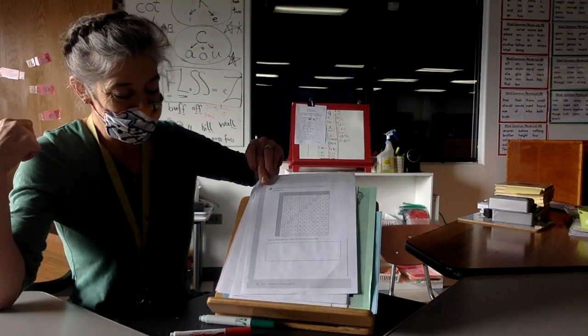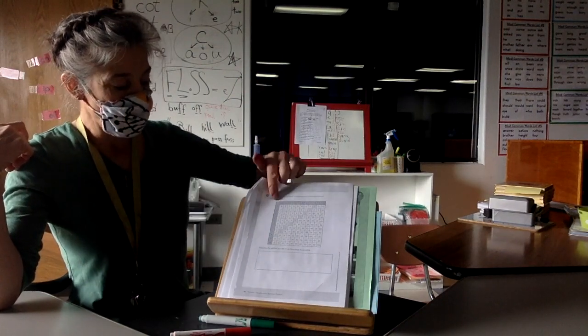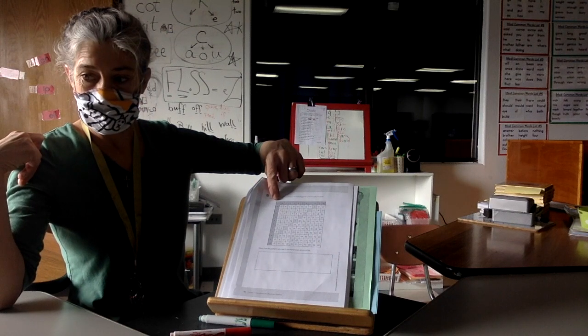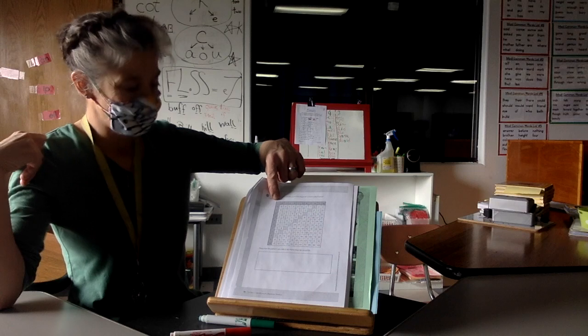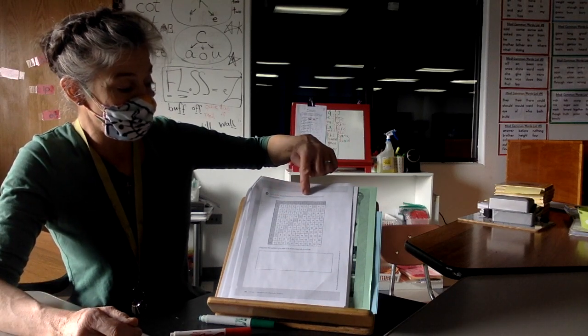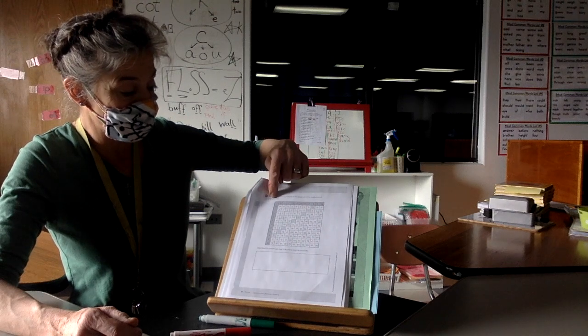I'm going to go to page 85, everybody. What kind of table is this? Look at the shaded products in the diagonal of the multiplication table below.